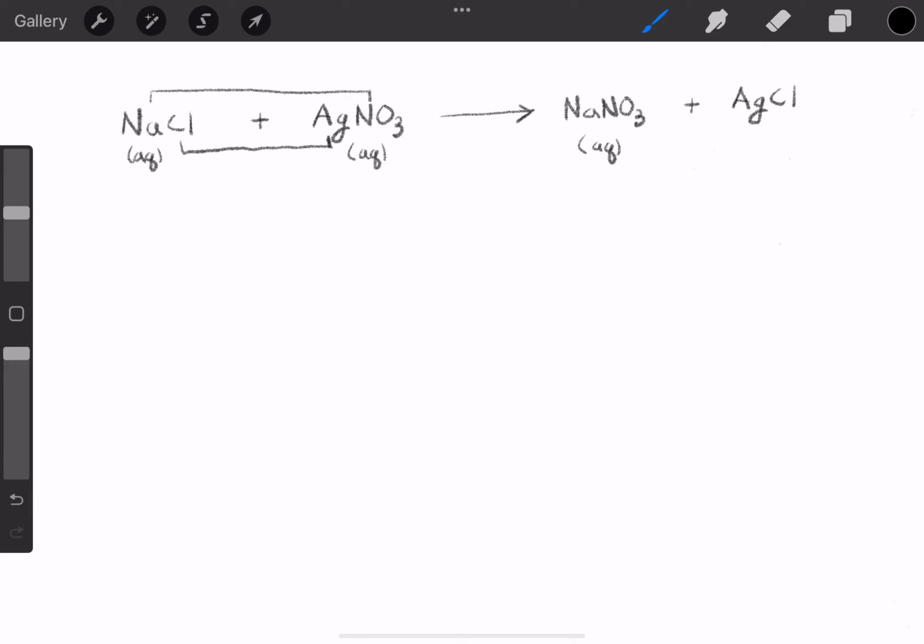So we're going to put this as our mysterious white precipitate in solution. So pretty much all halogens with silver are not soluble. So silver bromide, silver iodide, also not soluble. Okay, so this is my condensed equation.